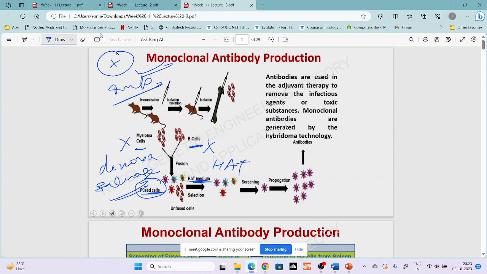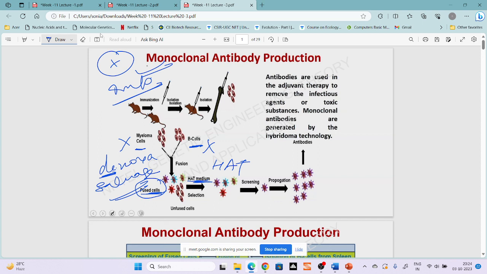De novo means from scratch. In the de novo pathway, nucleotides are synthesized from scratch: first a nucleoside is synthesized, then phosphate is added, and then the nucleotide is made.